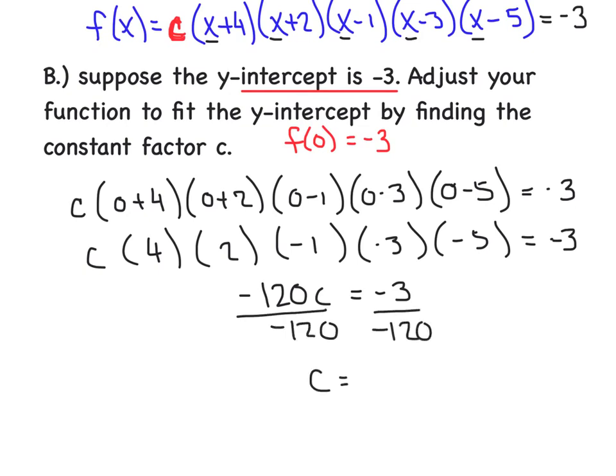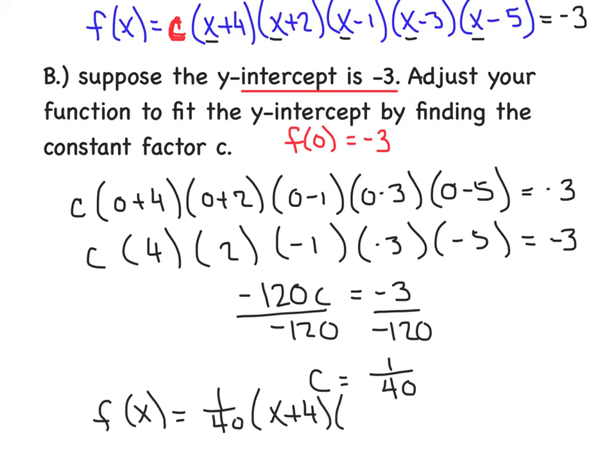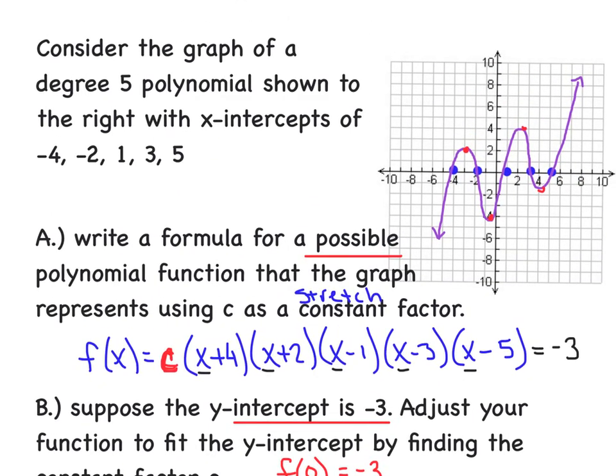And that gives me c equals positive 1 over 40. Very interesting number. So if I put it all together now, I could say that this function that was shown in that graph is 1/40 times all of these factors. And if we plugged this all into the calculator, then by golly, the calculator would show us the exact same picture we had up at the top of our screen right here.